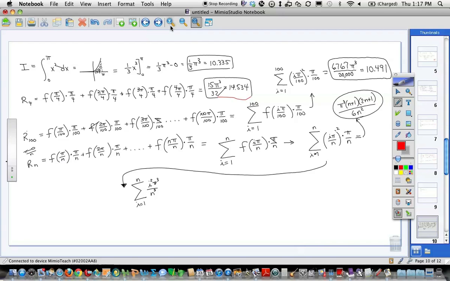I is changing. So we can pull in front pi cubed over n cubed and be left with sigma i equals 1 to n of i squared. Now we just saw in the properties that sigma i squared is equal to what?